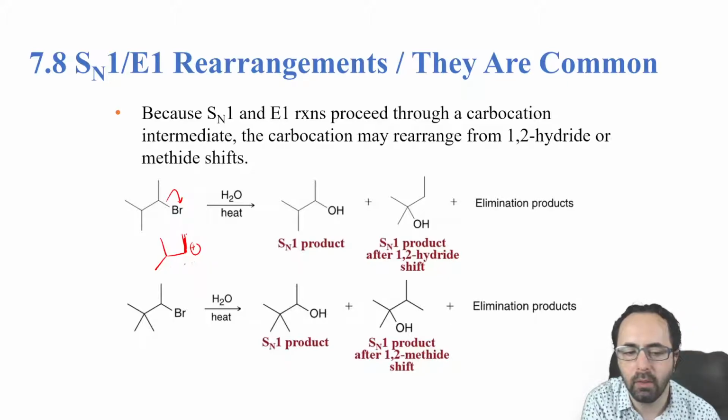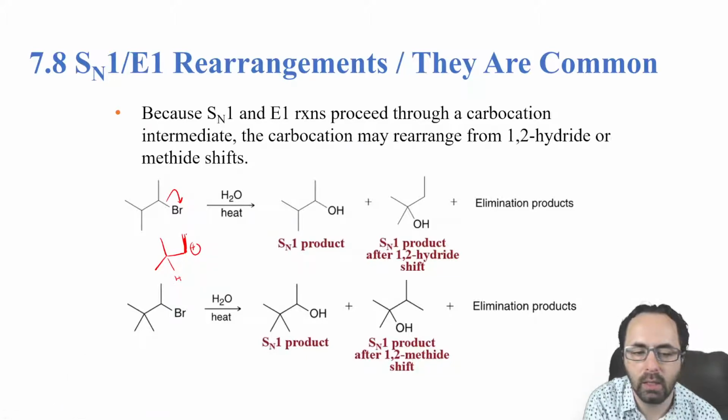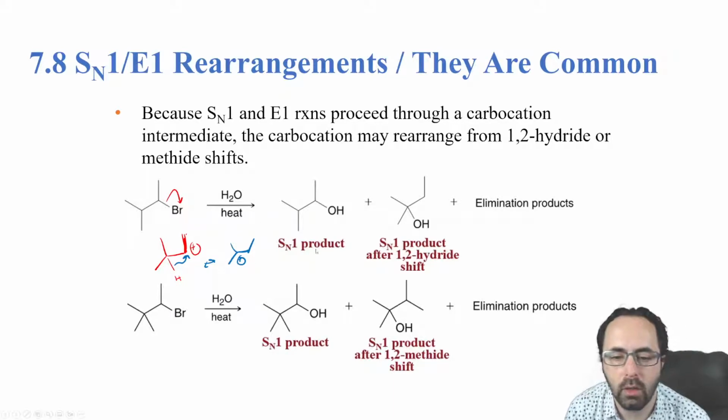And now we have the situation where there's a hydrogen, and this can undergo a carbocation rearrangement. This is a secondary carbocation. If this hydrogen shifts here, then we will have a tertiary carbocation right here, because now this carbon will have 3 bonds and no lone pairs, so it will be a tertiary carbocation.